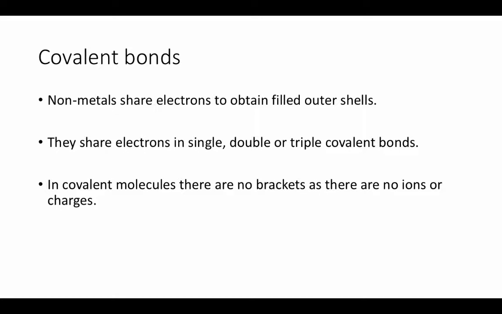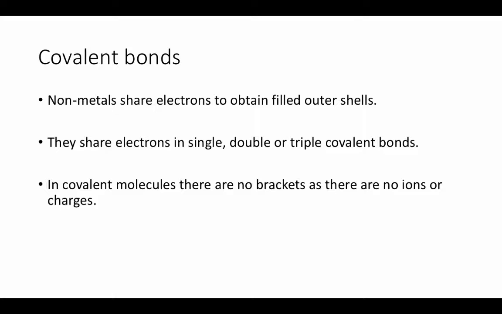So in covalent bonds, nonmetals share electrons to obtain their filled outer shells. They share electrons in single, double, or triple covalent bonds. That is, when each of the atoms either donates a single electron, 2 electrons, or 3 electrons to make the covalent bonds.